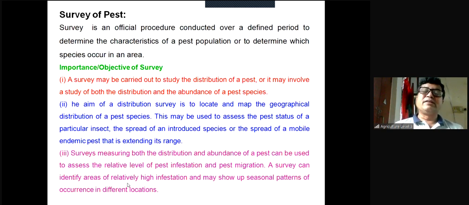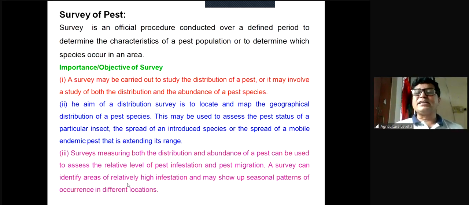So how much infestation is there depends on the number and distribution of the insect pest. And pest migration. Pest migration means, say for example, a particular population of an insect pest species is densely populated in a certain area.